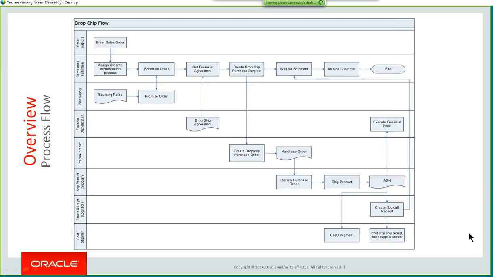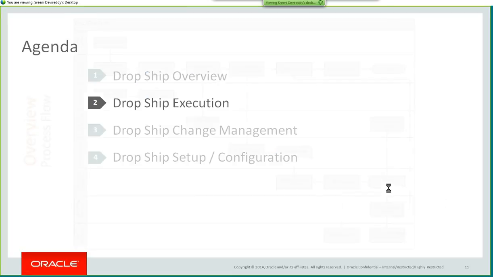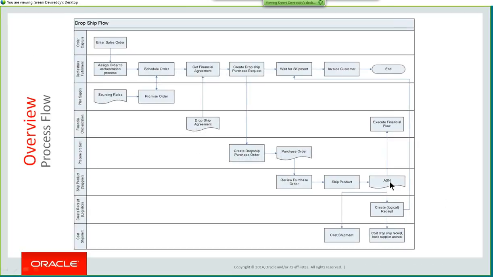So the supplier can either send you an ASN or an invoice. And the receiving of the invoice at your end will trigger the same events that we have seen here. So these events can be triggered either by ASN or by invoice. Whether you are going to use ASN or invoice is identified in this agreement. That's the second piece.